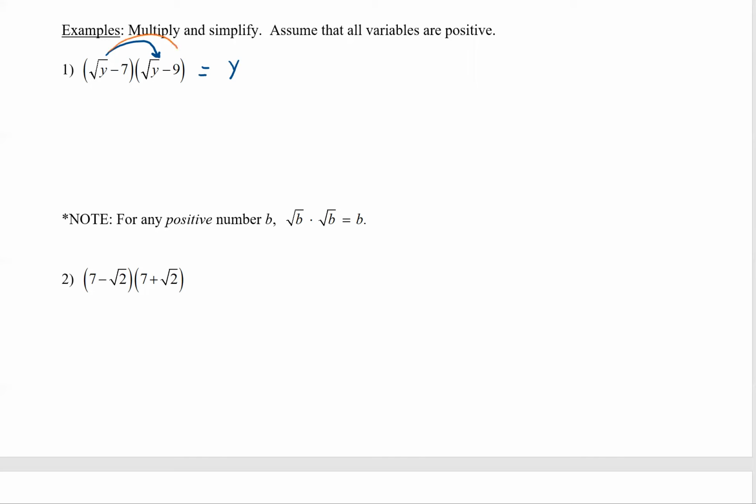Square root of y times -9, -9 square root of y, -7 times square root of y, and then -7 times -9. And we can combine the middle terms.